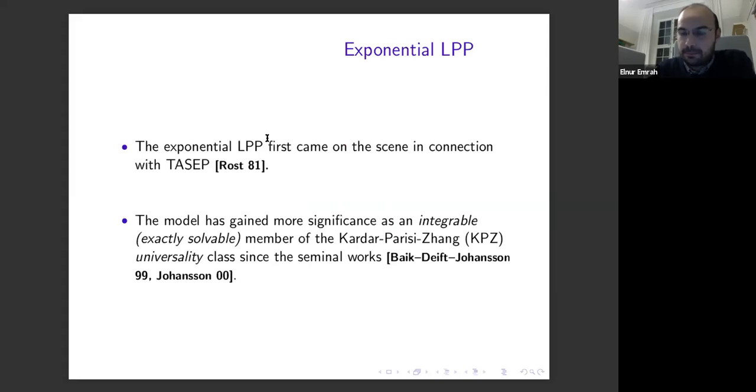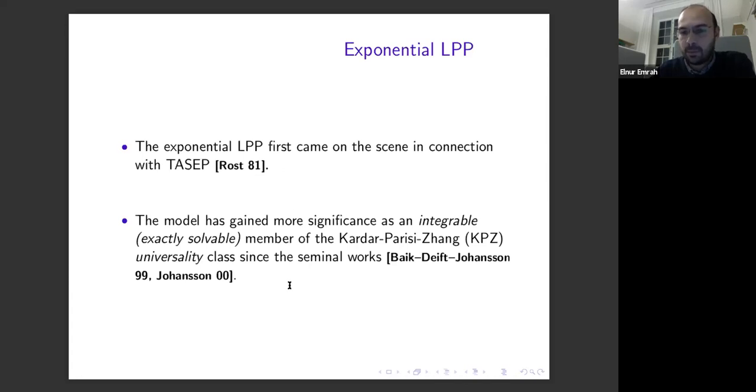Maybe it's not necessary for this audience, but just in case one is wondering why we are doing this construction with the exponential weights instead of just any other weight distribution, this exponential LPP holds a special place for a few reasons. The first, it arises naturally from other important models, such as the totally asymmetric simple exclusion process, or from the queuing literature.